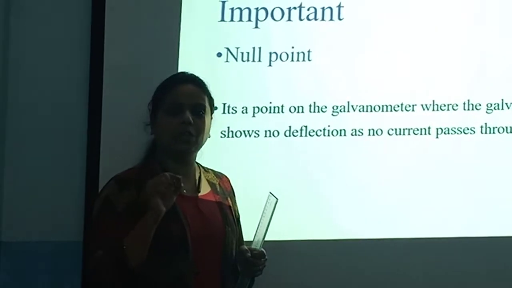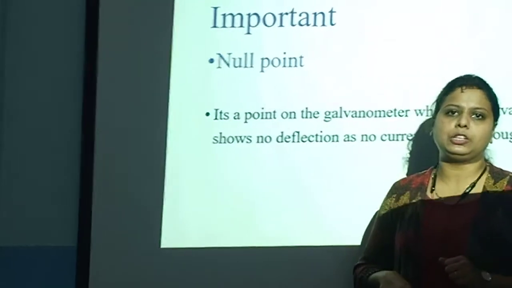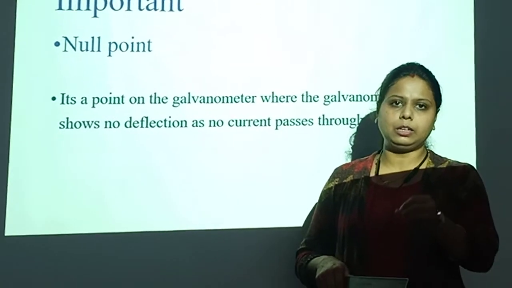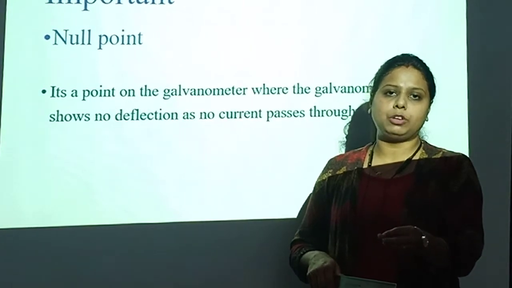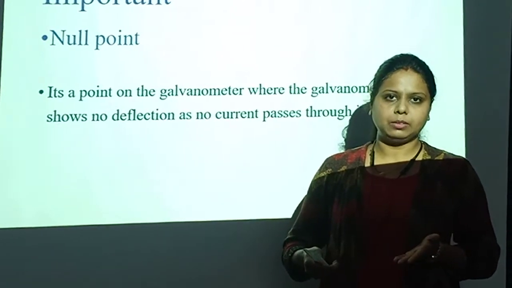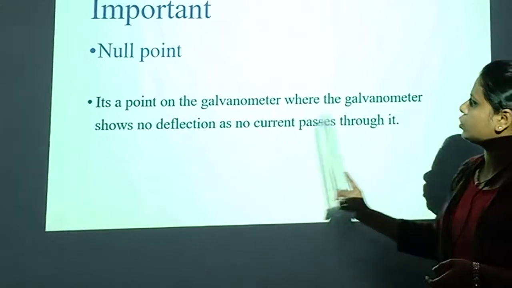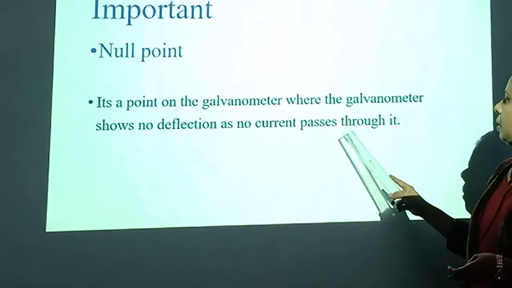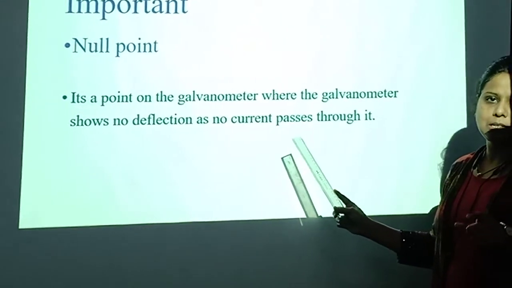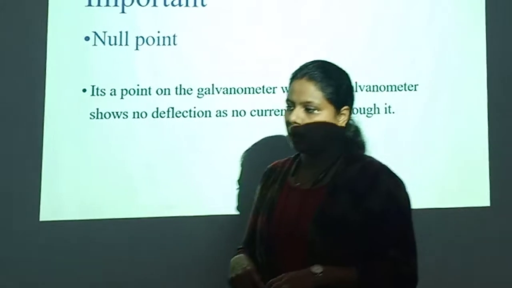The galvanometer deflection, for that particular length, the galvanometer will show 0, that is null deflection, because current will not flow for that particular length. So this is about the null point.